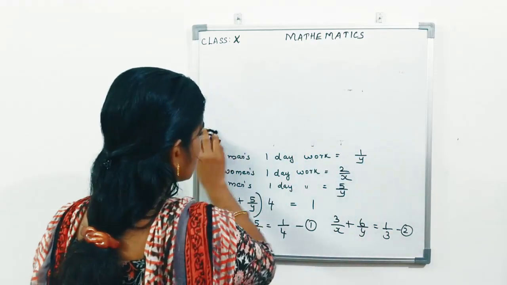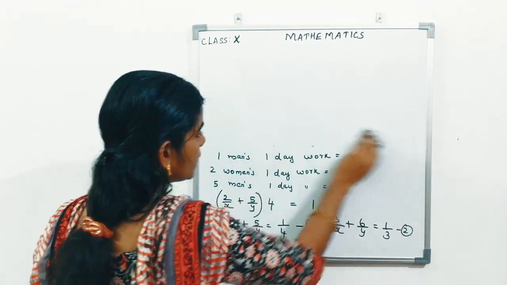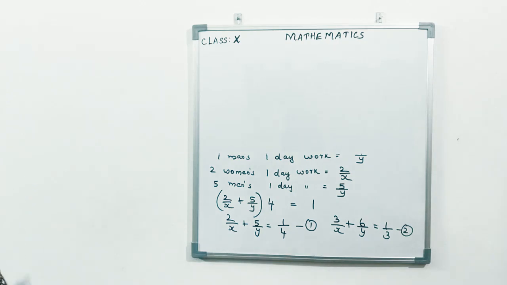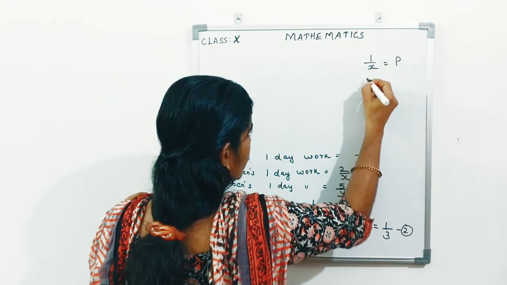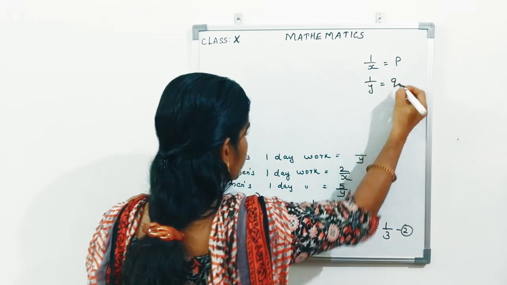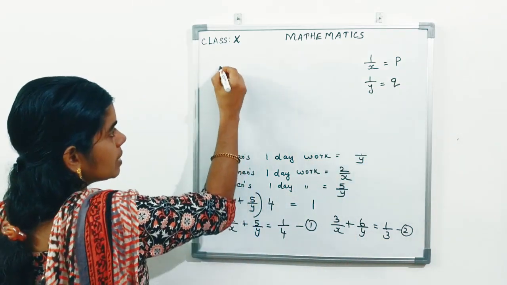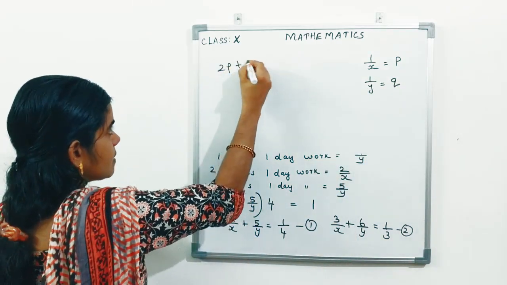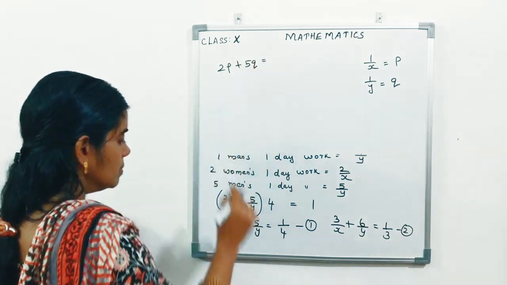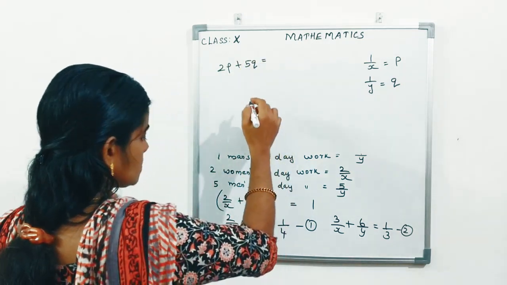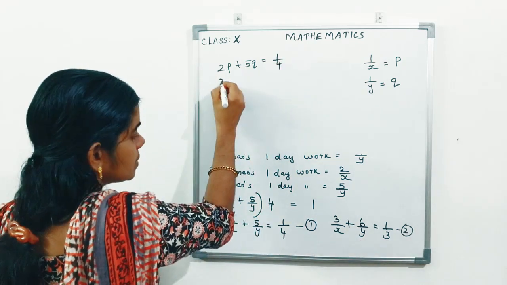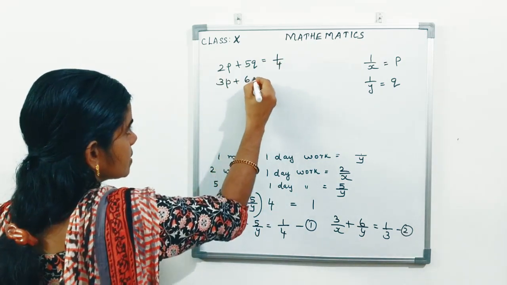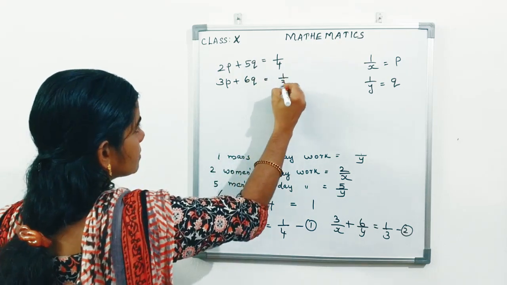Then, just look, we can give 1 by x is equal to p, and 1 by y is equal to q. Then the first equation: 2p plus 5q is equal to 1 by 4. The next equation will be 3p plus 6q is equal to 1 by 3.